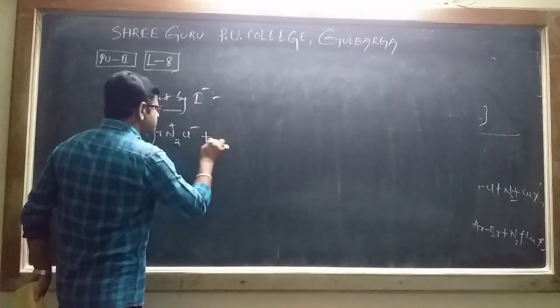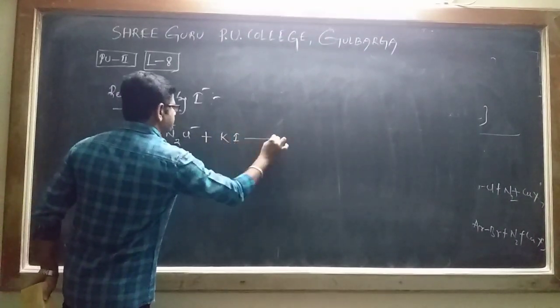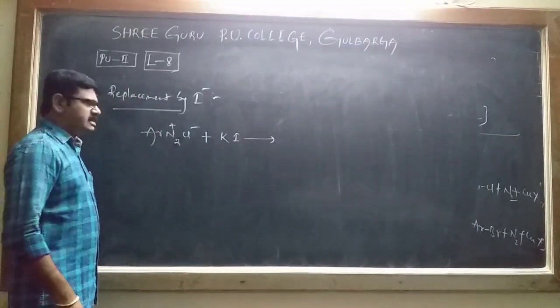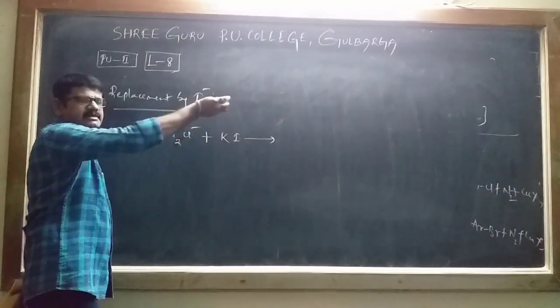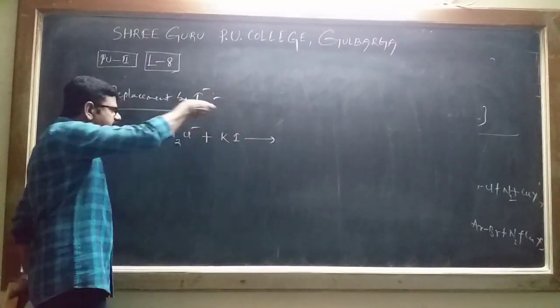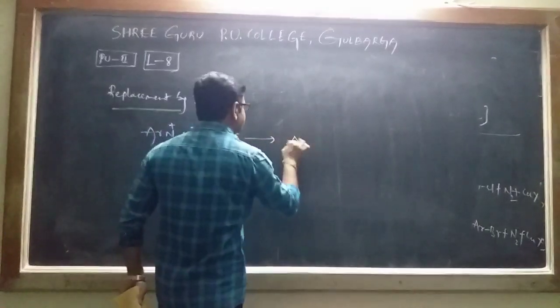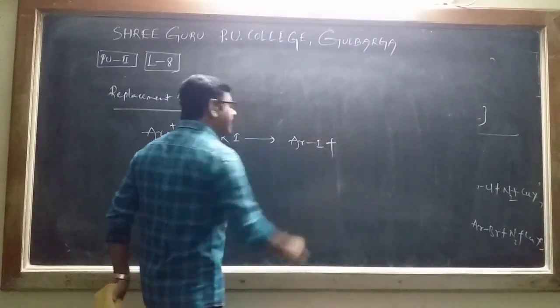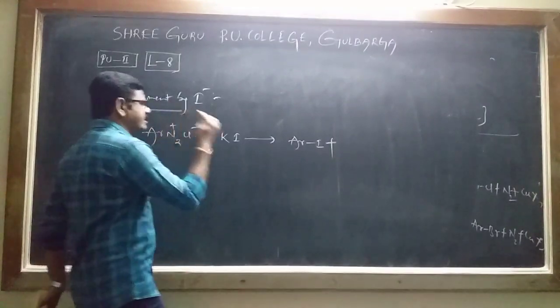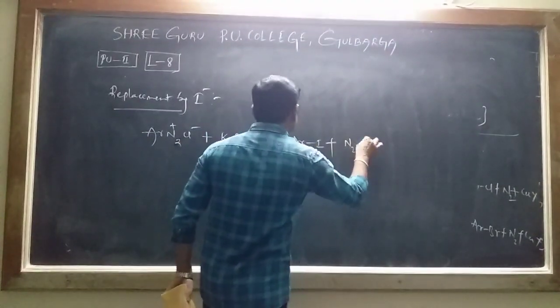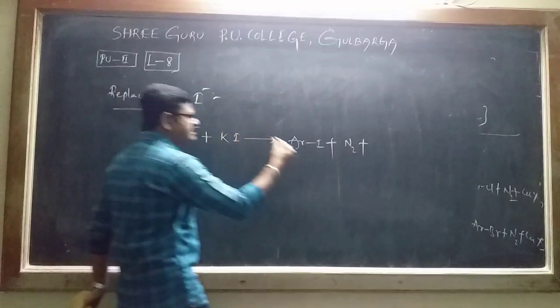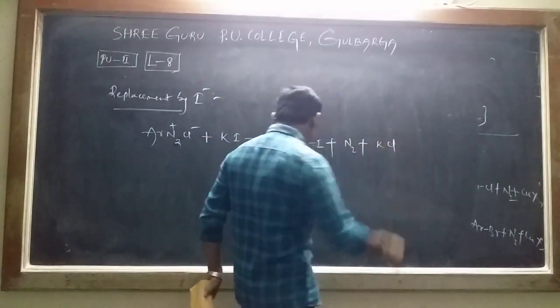When this diazonium salt is reacted with potassium iodide, then what happened? N2 is eliminating, N2 is removed, and iodine is coming and substituting. You will get iodobenzene along with nitrogen gas escaping, plus KCl is obtained as a byproduct.